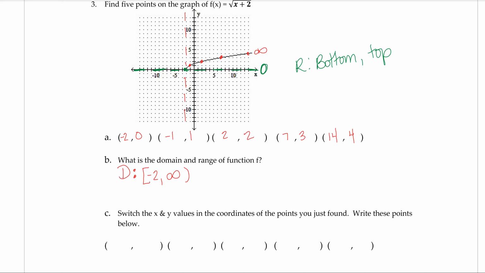Same for the y-axis. Your y-axis is also technically 0. So I know that it starts at 0, and if I'm reading it up, it goes on to positive infinity. So when I go to write my range, because it starts at 0 and it is a point on my graph, I'm going to use my brackets, and it goes on to positive infinity.